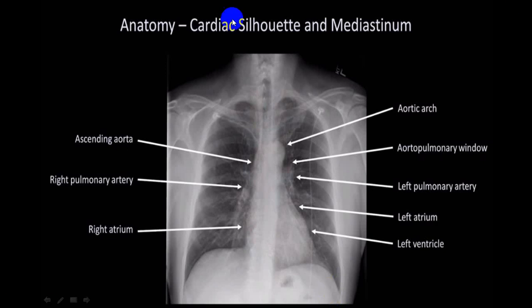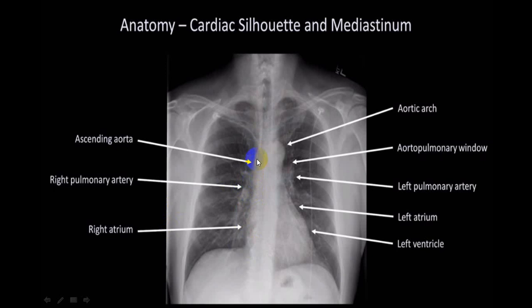Now ideally we use terms like cardiac Silhouette, mediastinal Silhouette, diaphragmatic Silhouette, chest wall. So in an X-ray chest, if you look here, this is the border of the heart. Then this is aorta. This is right atrium. This is right pulmonary artery.